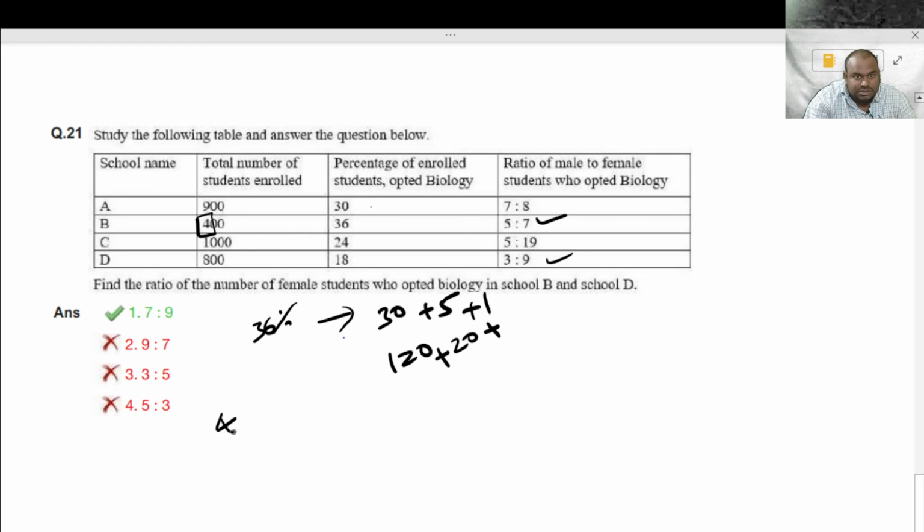I told you this. See, 400 is there. 10% is 40.0. In my previous classes, if you watch, you will understand how to solve it easily. Out of 400, 10% is 40.0. If you need 1%, move the decimal point, so 1% is 4.